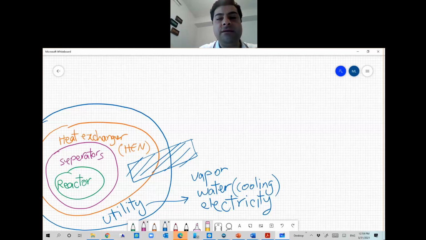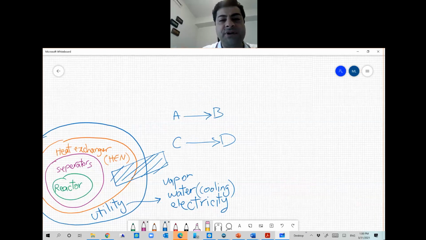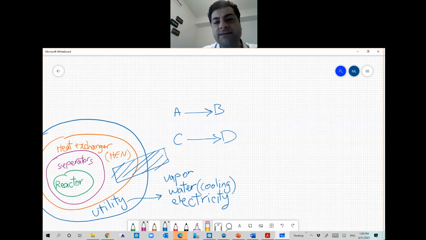For example, let's say we have reaction A that is converted to material B. But in another stage of the process, you have C that has been converted to D. And now at the end, you have stream B, for example, at a temperature of 100 Celsius, and after the reactor, it has to be cooled down to, let's say, 50 Celsius.